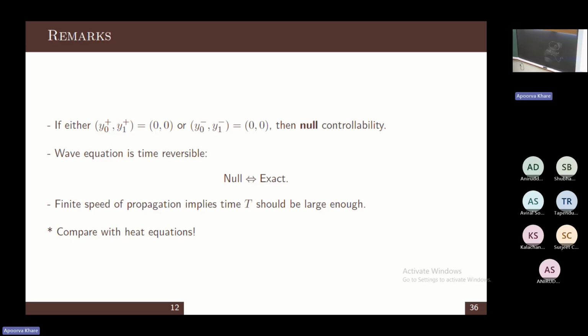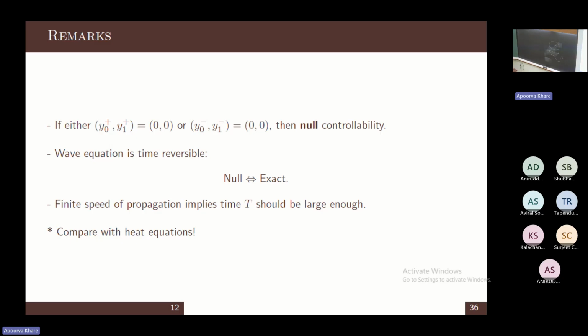And the other thing is, because wave equations have finite speed of propagation, you need to wait. The time of controllability should be large enough, so that if I put the control here, it needs a sufficient amount of time to reach everywhere inside the domain. It cannot be done in a small time. A quick comparison with heat equations is that heat is not time reversible, so it has a smoothing effect, because of which you do not expect this condition to hold.